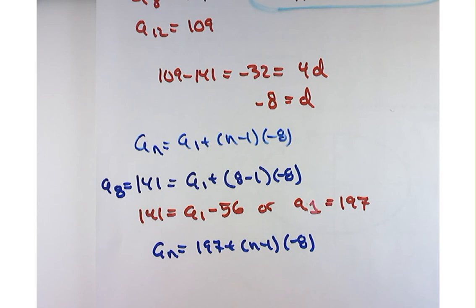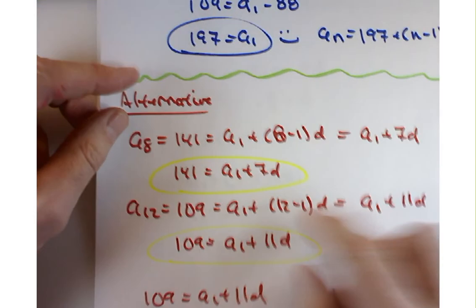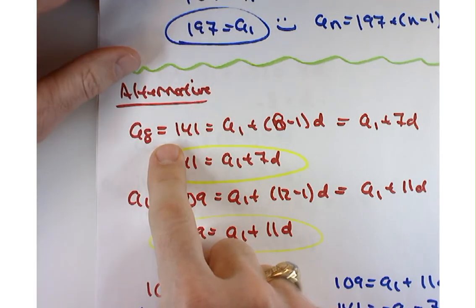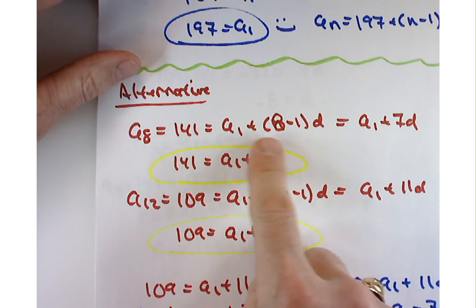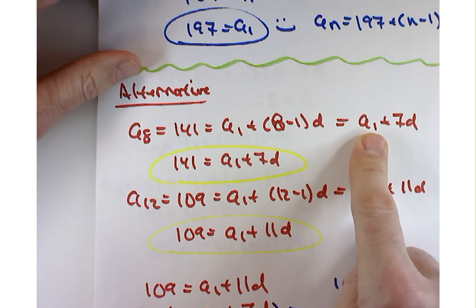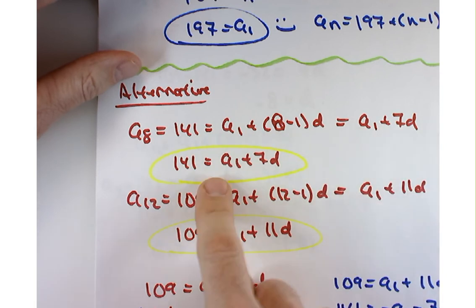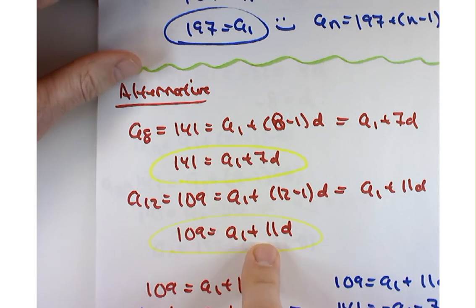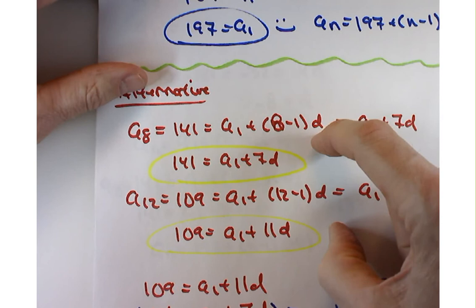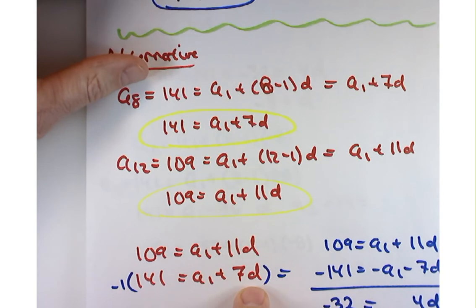Just as a brief aside, there's a different way to get at that. As an alternative, you could plug a sub 8 into your general equation and get a sub 1 plus 7 times d. Then plug in a sub 12 and likewise get a sub 1 plus 11 times d. That gives you two equations. You can solve them any way you want.